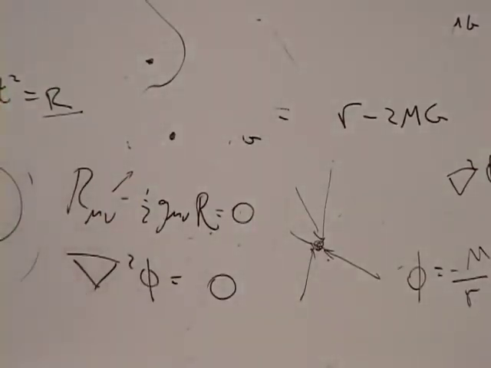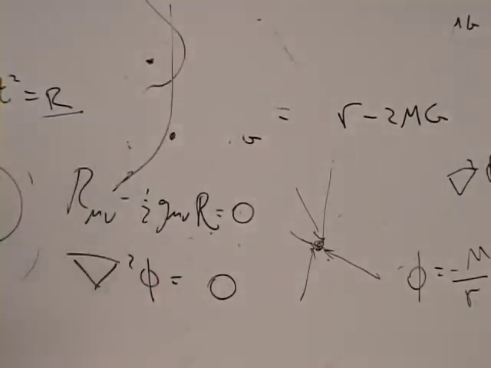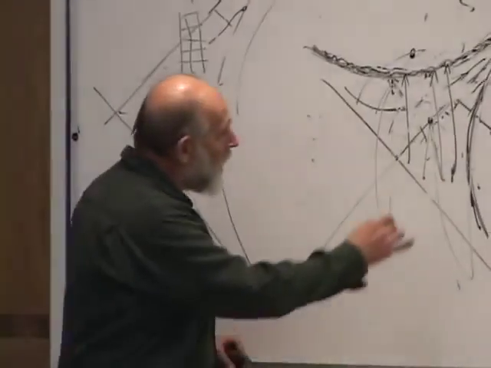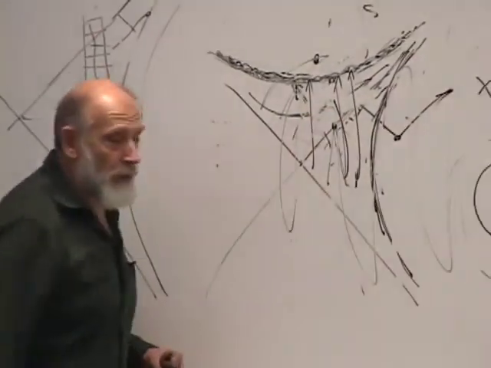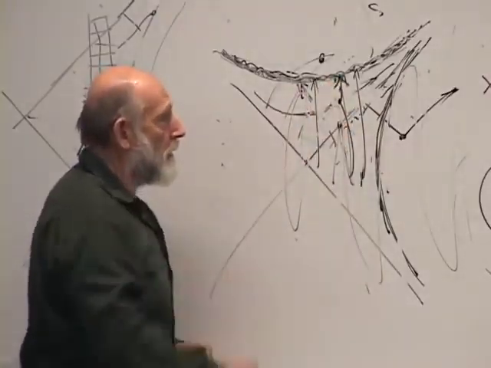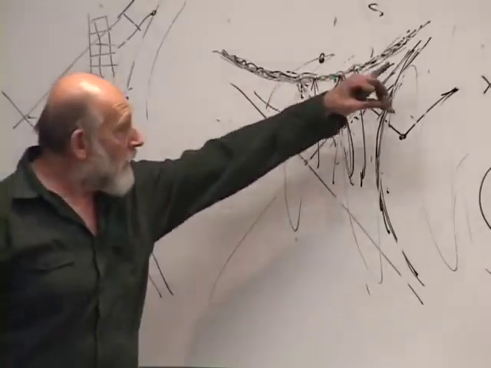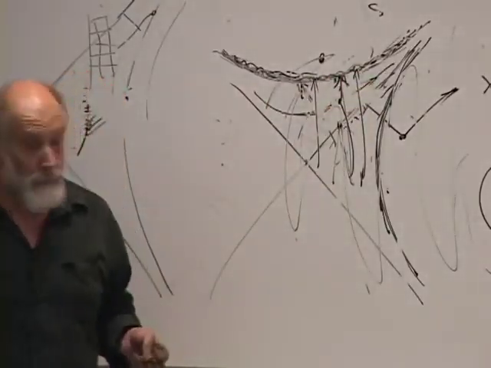As it's a point particle, unless you happen to aim it with infinite precision, it will miss this point and just go back out. What happens here? Once a particle passes the horizon, there's no way that it can escape hitting the singularity, because the singularity is of a different character. It's the end of time rather than being a point of space.